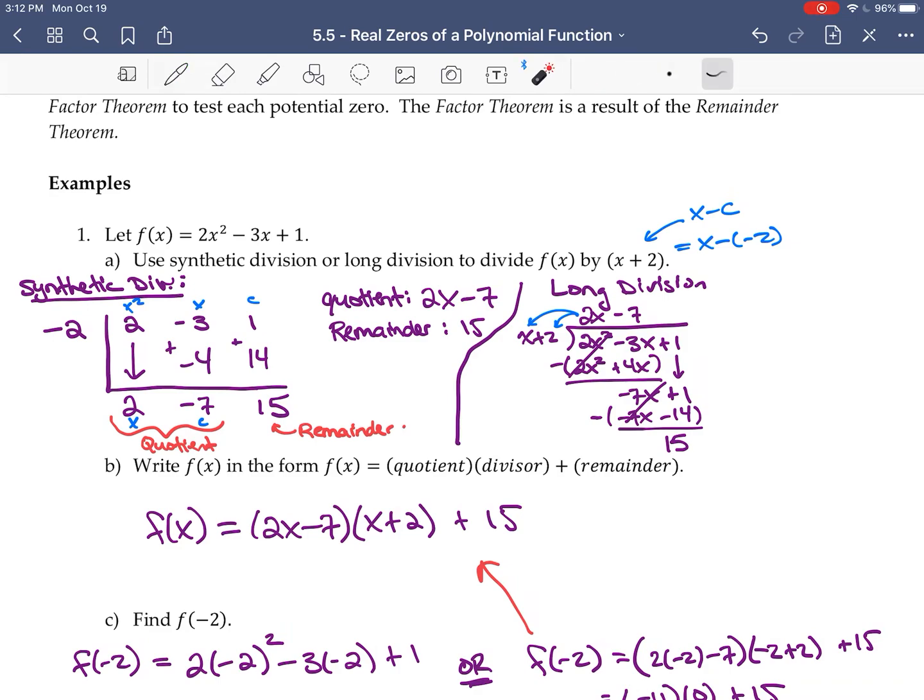Here I know to stop because the degree of this is less than the degree of the divisor. This thing down here is the remainder, and the polynomial up here is the quotient, which is exactly the same as we got the other way when we used synthetic division.